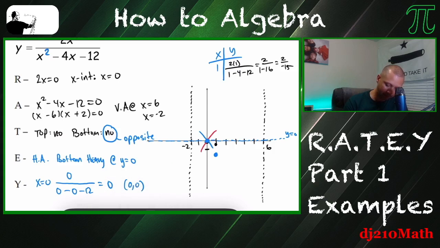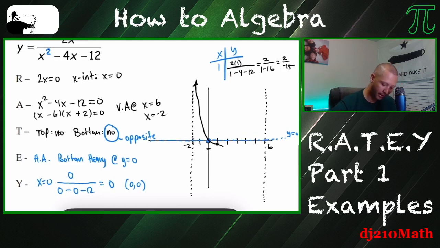So what that means to me is that I know the branch has to be towards infinity, close to the asymptote. It's got to come down, and at some point it has to cross at (0, 0). Then it's got to go through the negative 2/15.